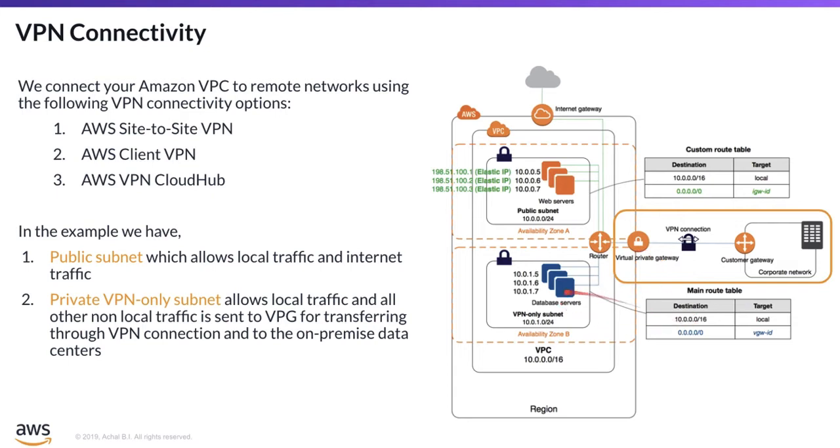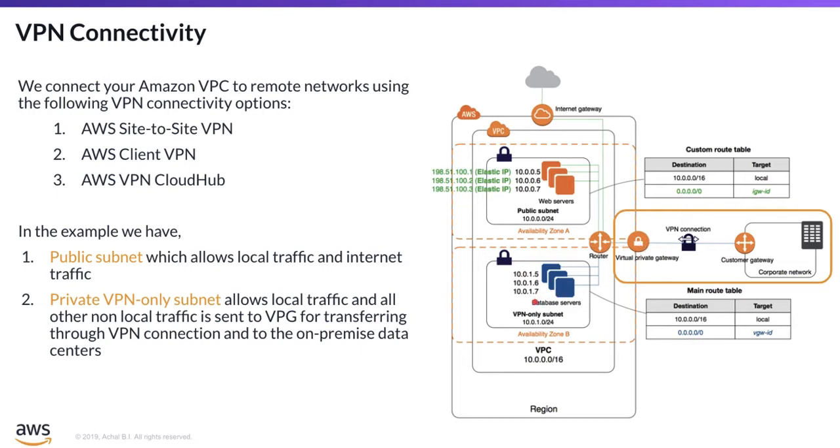You can also see that for this VPN-only subnet, we have a route table entry in the main table which says that all requests except local ones have to go to the virtual private gateway.